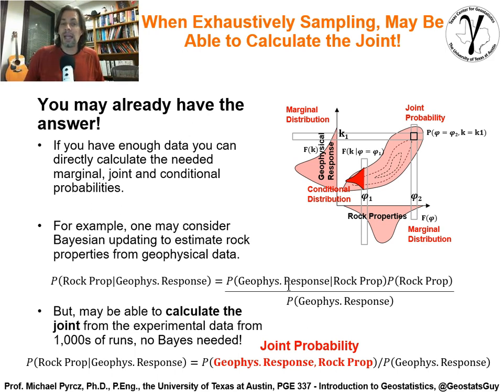But if you have dense data available, you may in fact be able to calculate that joint probability directly from the data itself, and so you don't need to use the Bayesian updating approach. You can go directly to just counting. In other words, you may already have the answer if you have dense enough data to work with, and that may happen in some cases where you're running many experiments.